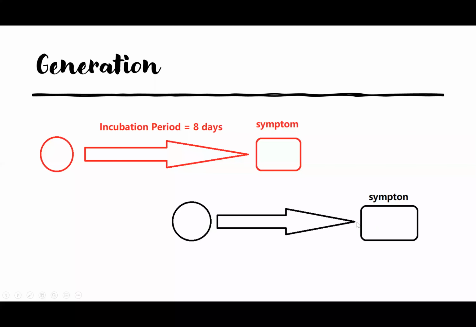So let's draw the first brown line. That's when A shows symptoms, and then the second purple line, that's when person B shows the symptoms.